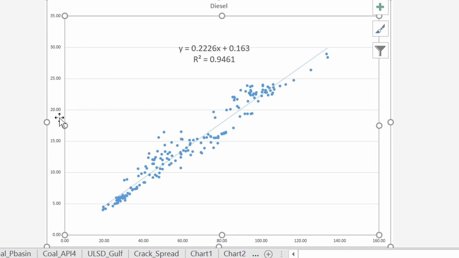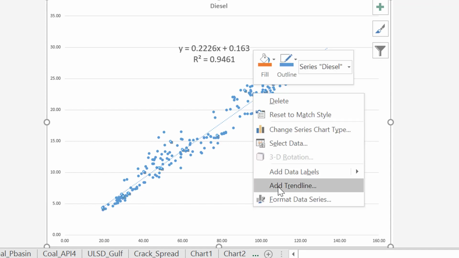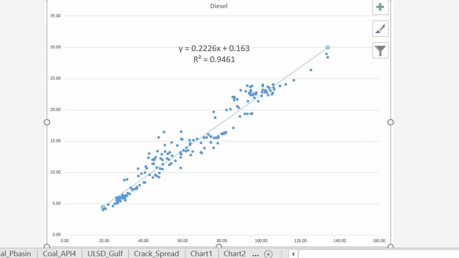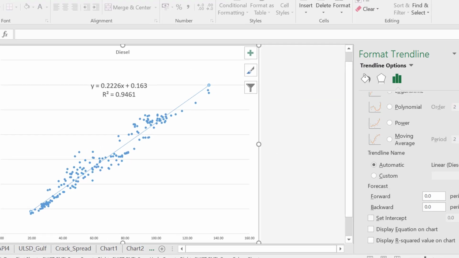Then we make the thing a little bit bigger, and we can say that the price of diesel is the price of oil, which is the x, times 0.22 plus 0.163. Now, if the price of oil was 0, the price of diesel would be 0 too. So you could also say, let's force it to an intercept of 0.